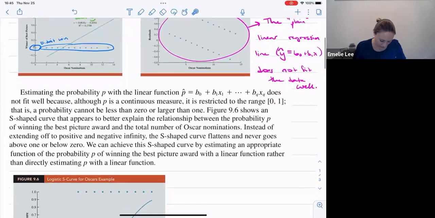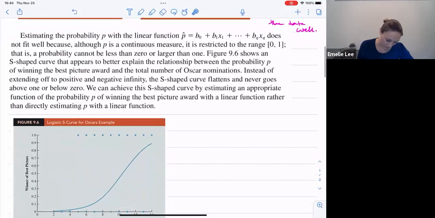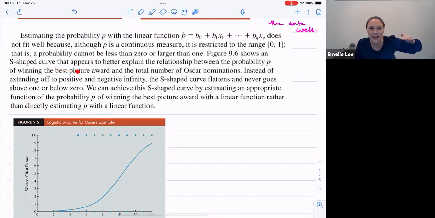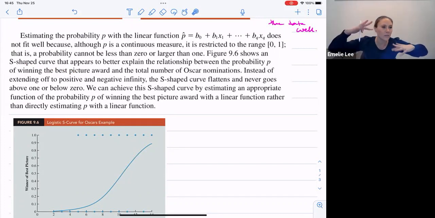And so what we do is we make this S-shaped curve. What's nice about the S-shaped curve is that it'll have an asymptote at 0 and at 1. I think it might even get there, but I'll have to think about that. But anyways, that's how we get it to stop between 0 and 1.